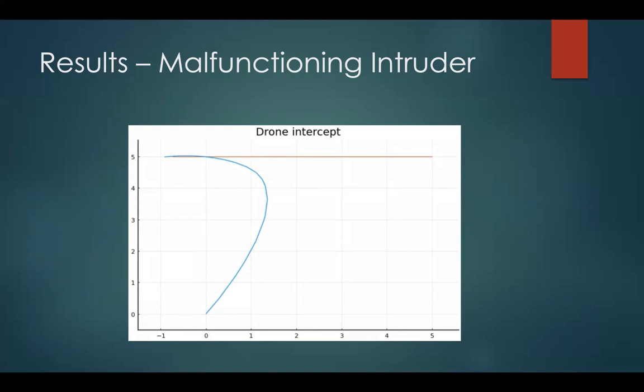But the friendly drone only has position and velocity information, and it estimates the acceleration of the intruding drone. And because that estimate isn't great, it doesn't know exactly where to go to intercept it. So it does have to correct its course a little bit, but its course doesn't change too much in order to intercept the intruding drone in this case.